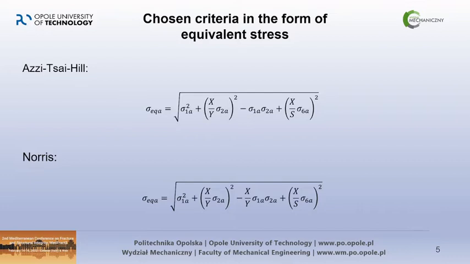So this is how we could analyze it and compare the equivalent stress with the normal stress in the direction 1. This is the stress we were comparing it with. So for the Azzi-Tsai-Hill criterion we have it on the top, and for the Norris criterion we have it on the bottom of this slide.